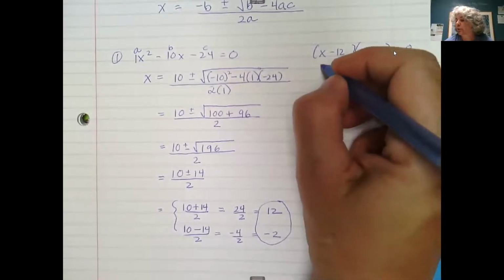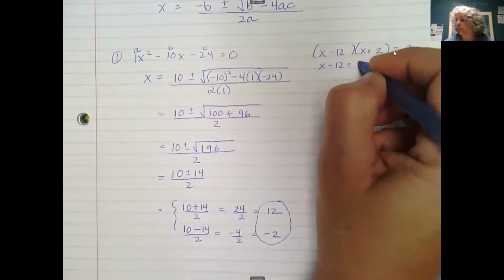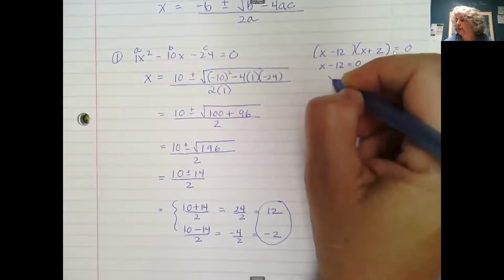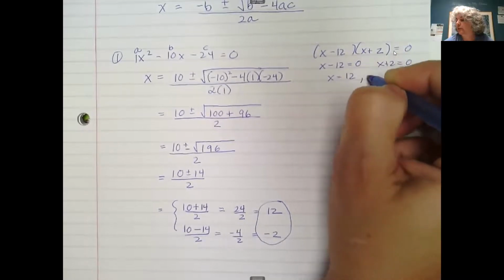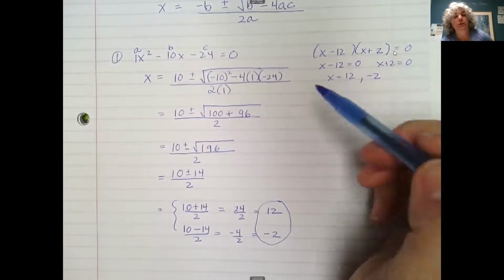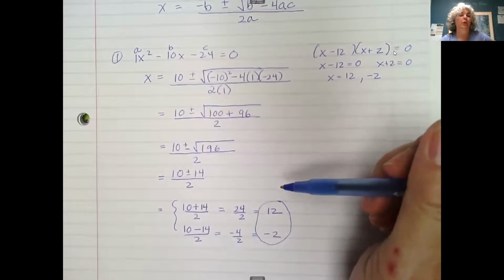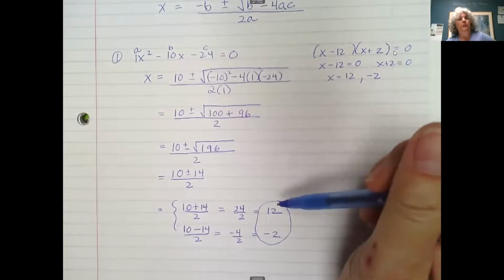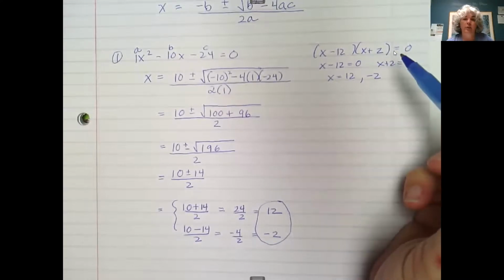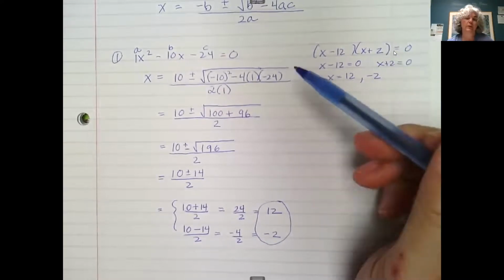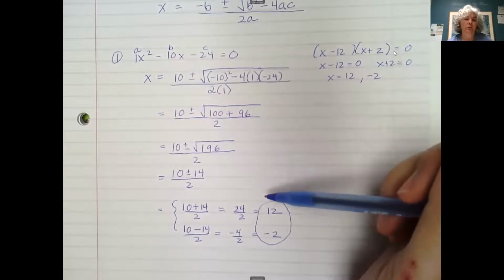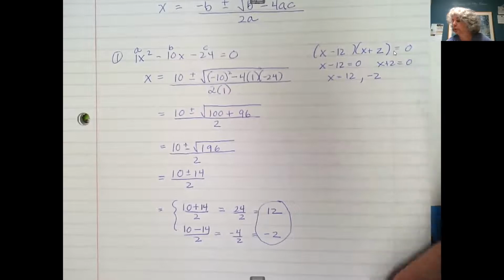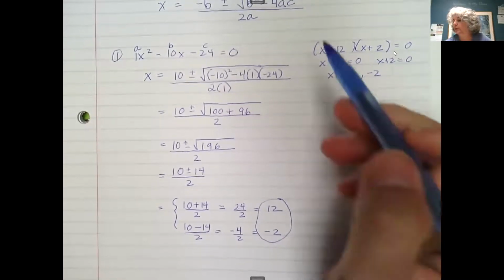And then when I set each one of these equal to 0, I get the answers, 12 and -2. So that's much easier than using the quadratic formula. And you might wonder, well, why am I even using the quadratic formula? Look at all this math. But some equations cannot be factored. And so this is the only route that you have to solve it. It's the only way.